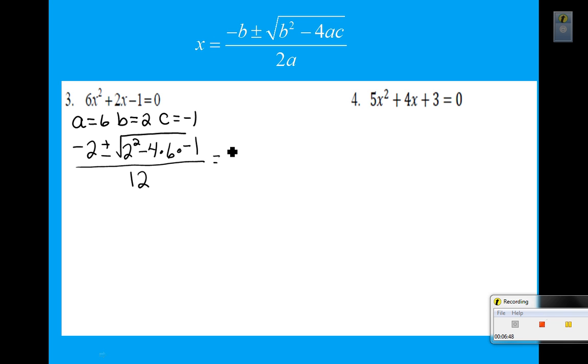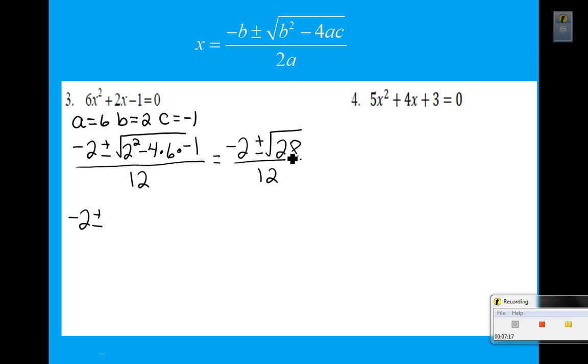I'm going to do like I did my other ones. I now have negative 2 plus or minus the square root of something over 12. You're going to go get that something. So you're going to go 2 squared minus 4 times 6 times negative 1, and in this case, you're going to get 28. Now notice 28 isn't a perfect square, but it is a radical that you could break down like we did the other days.